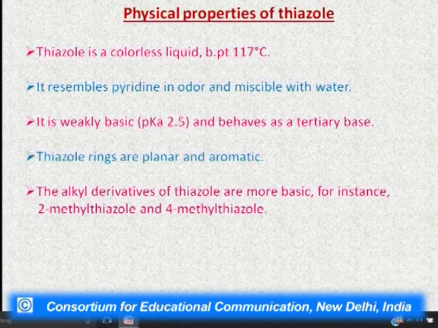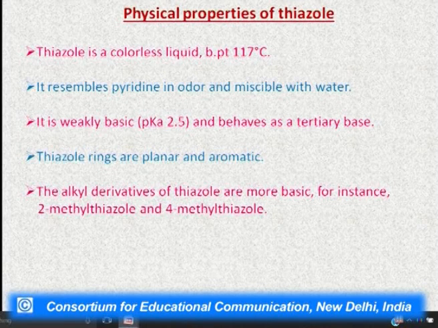Then come the physical properties of thiazole. Thiazole is a colorless liquid with a boiling point of 117 degrees centigrade. It also resembles pyridine in its odor and it is miscible with water. It is weakly basic with a pKa value of 2.5 and it behaves as a tertiary base. Thiazole rings are planar and aromatic.